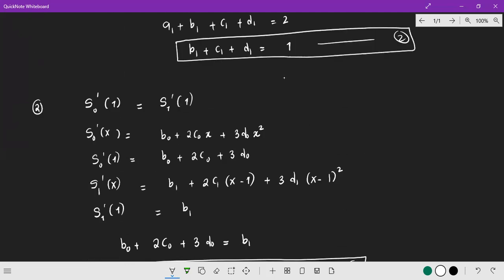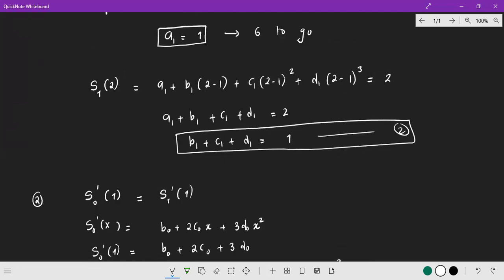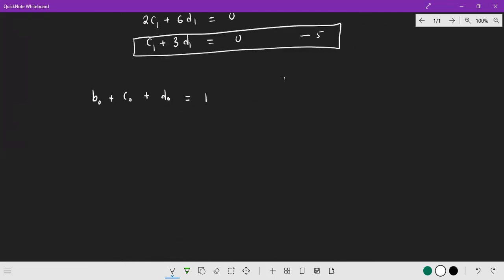Equation number 2, we had b1 plus c1 plus d1 equal to 1. And then the other one, we had b naught plus 2c naught plus 3d naught minus b1 equal to 0.